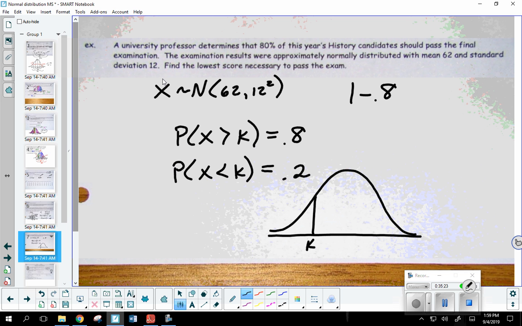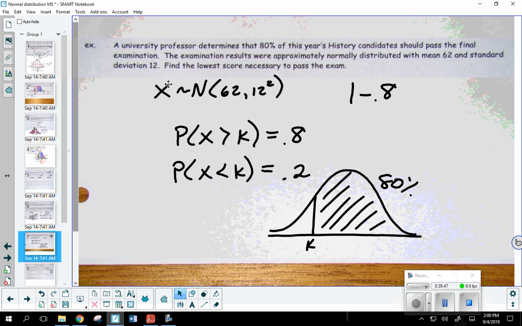Because this represents the lowest score necessary to pass, right? And remember how many people passed it. So that's why the 80% would have to be above that. This is the minimum. So anybody below that value, they unfortunately didn't pass.